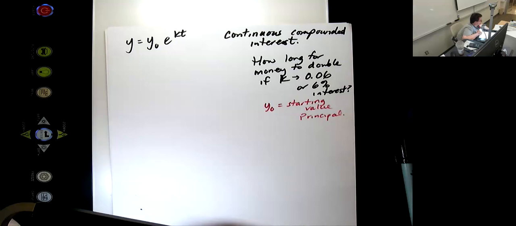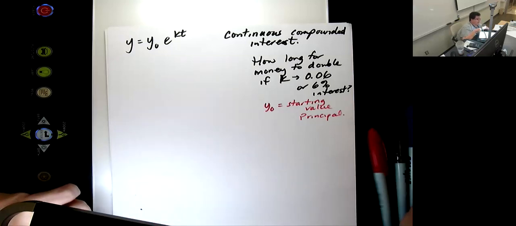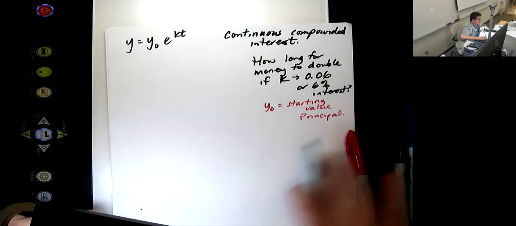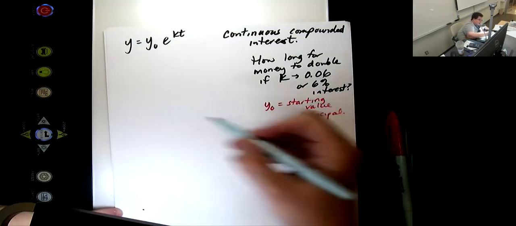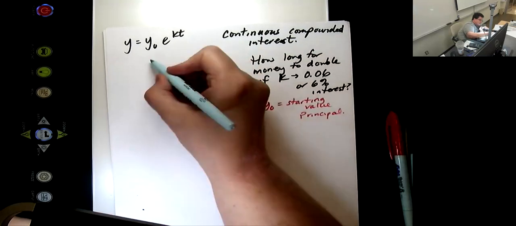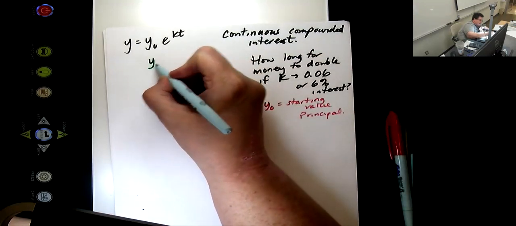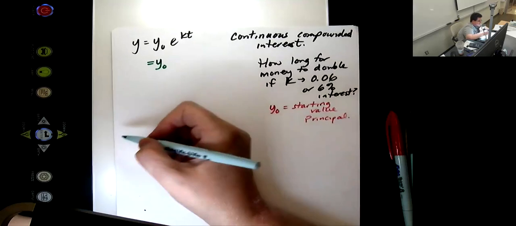I'm not going to say what we start with because it doesn't matter. If I started with 1,000 or 10,000, the same thing is going to happen. If I want to know how long it takes to double, how much will I have after that time if I double y naught?